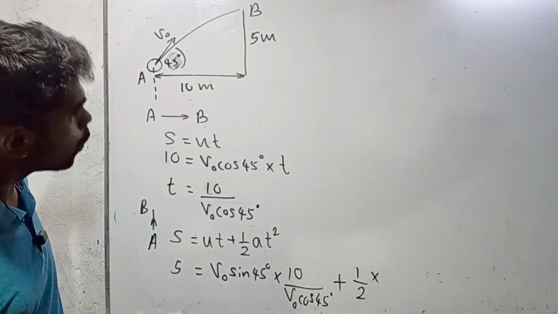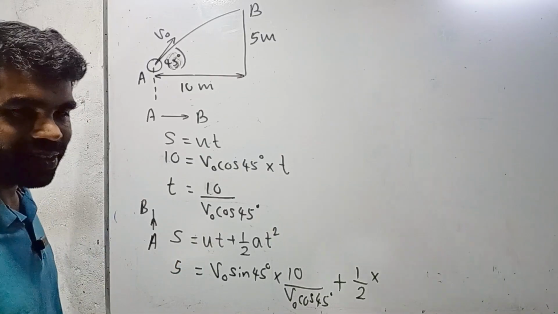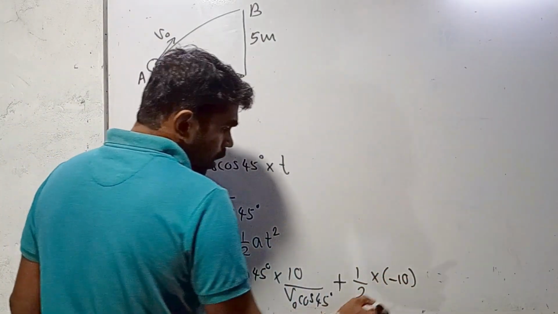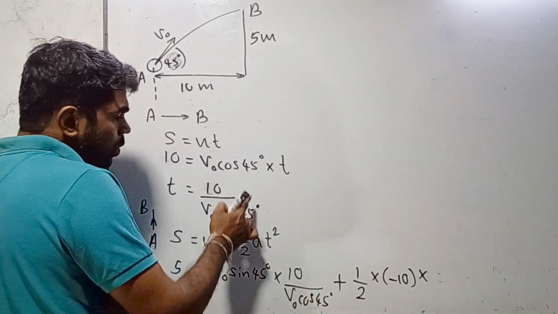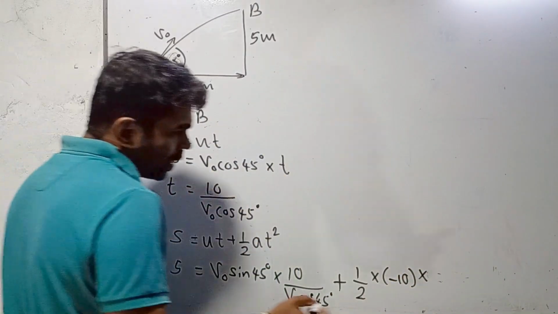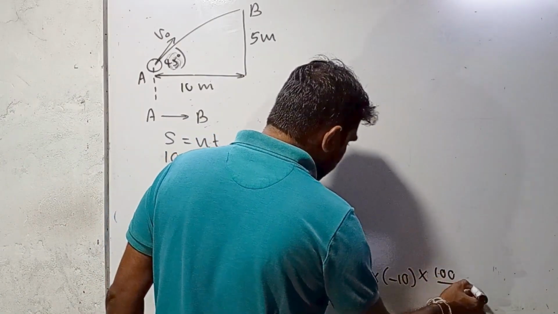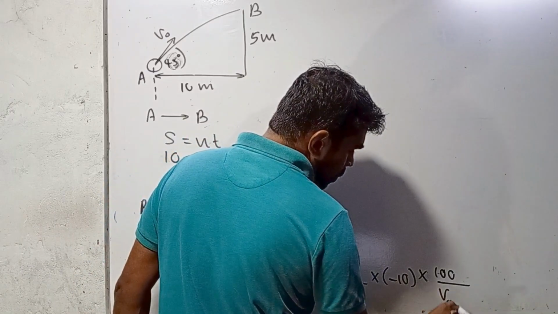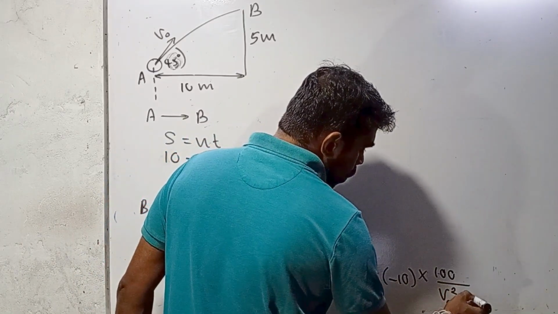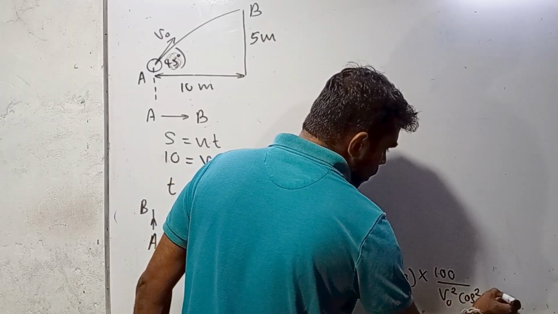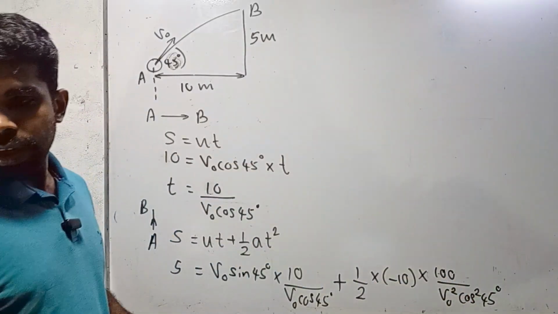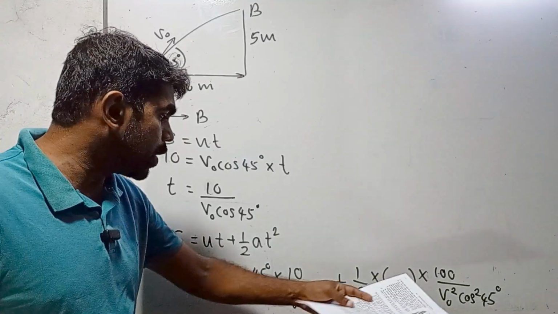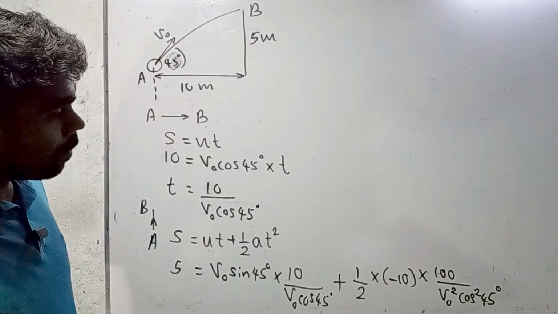But it is in the downward direction and we are applying the equation in the upward direction, so we substitute minus 10, times t squared. Again we have to substitute the square of this term: 10 squared, 100, divided by V0 squared cos squared 45. Now we have to simplify this expression and solve it to find the V0 value.